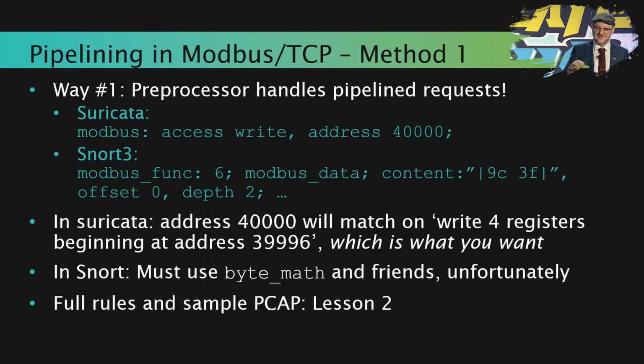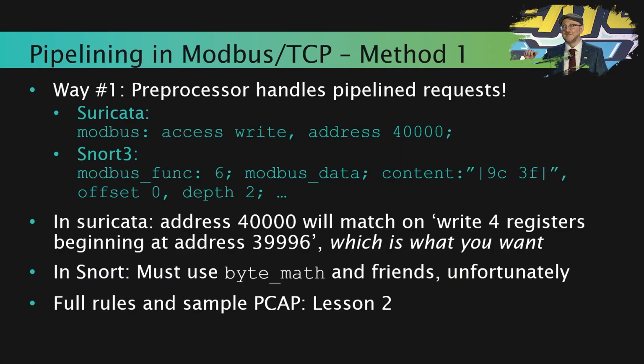But in the case of Snort 3, you can just say, here's the function code, and then you can only do content checks on the actual request data. You don't get this sort of meta thing where I can say, is it address 40,000? And Suricata's way of doing it I really love, because there's an evasion inside of an evasion that you can do, where you can say, hey, if the request was made to write to register 39996 for four registers total, the Suricata rule will pick that up, and it will be like, yeah, that's an attempt to write to register 40,000.